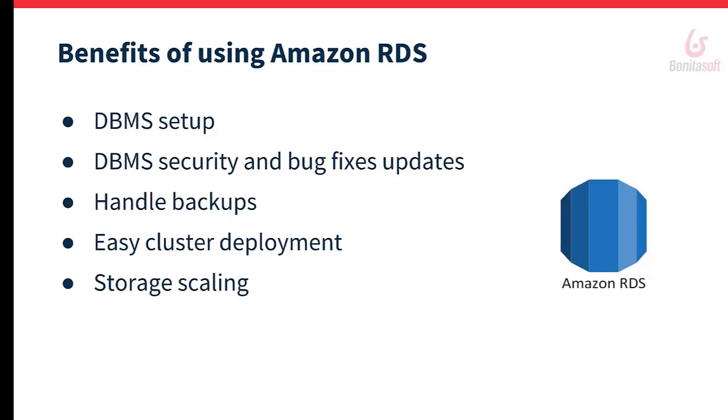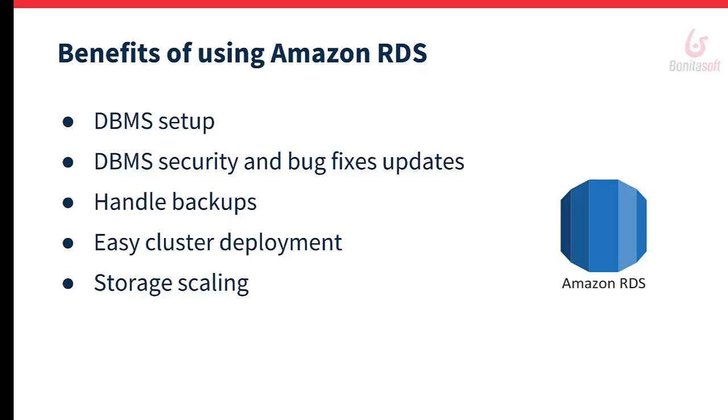The next component we are using is a database as a service. This is called RDS from Amazon, and obviously it saves us some time on the setup. It's just a few clicks and you have a fully operational database system.